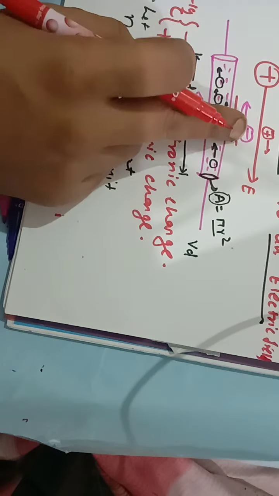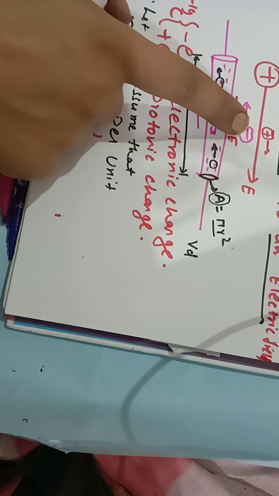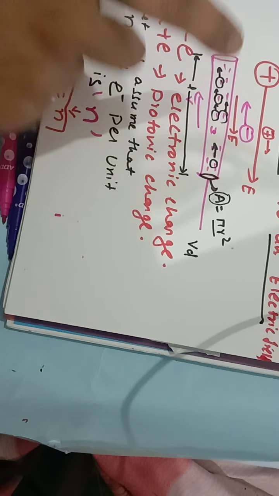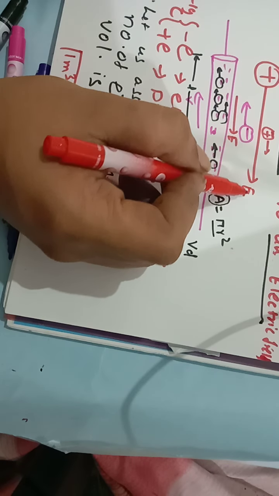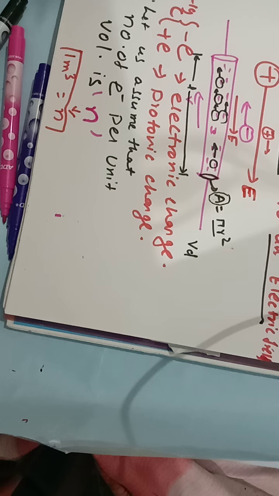There should be some reason, because Newton's law says that anything will stay at its position until and unless some external force is applied. So what is the driving force compelling the electrons or the protons to move? That is the electric field. The field produces force on the charged particle, right?